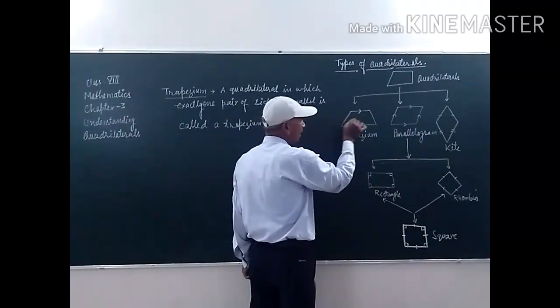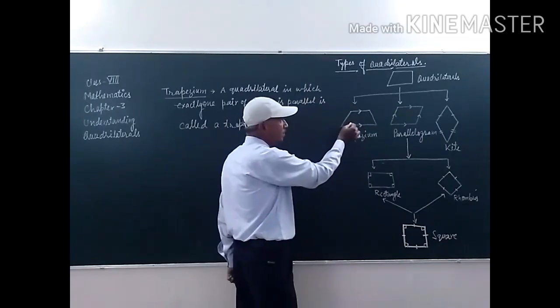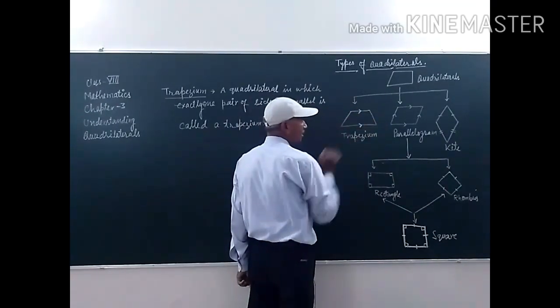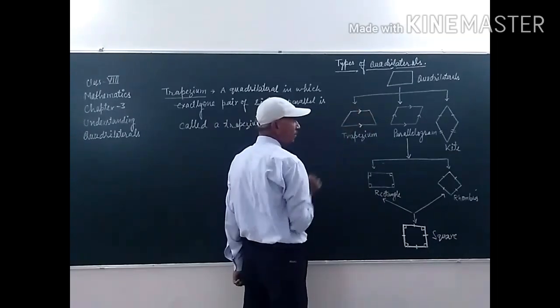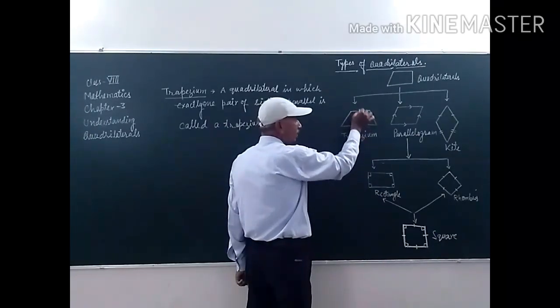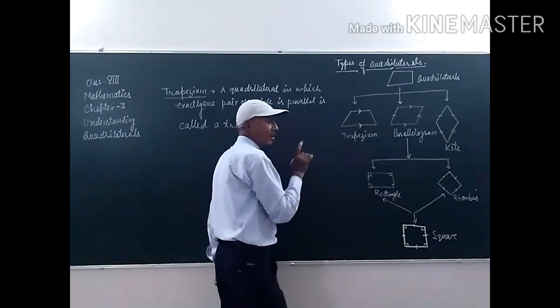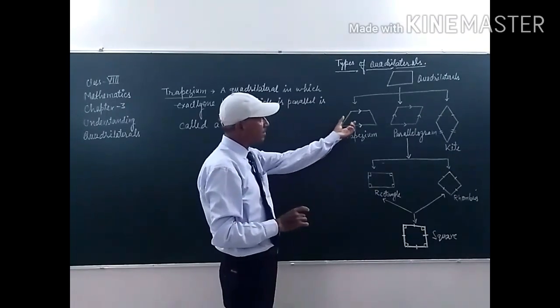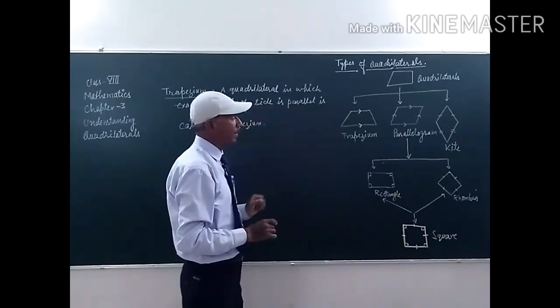This figure is a trapezium, and in this figure this line is parallel to this line. So this is a four-sided figure, and exactly one pair, only one pair, is parallel in this figure, and therefore this figure is called a trapezium.